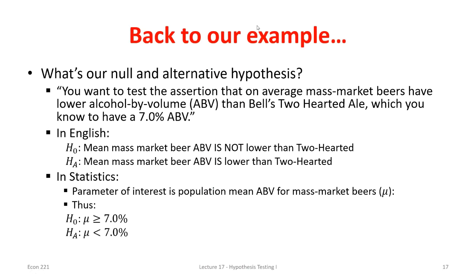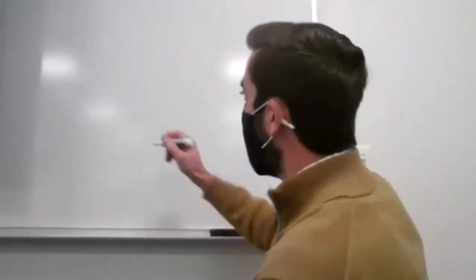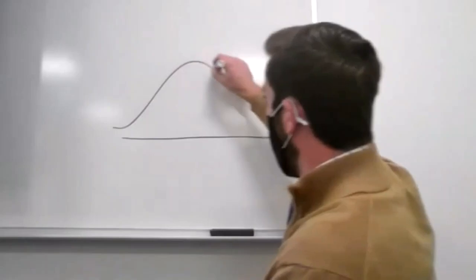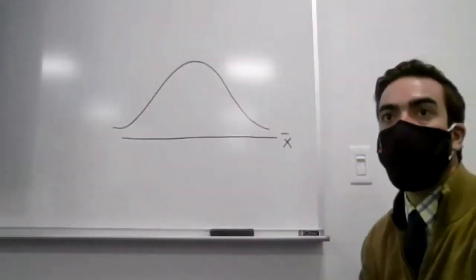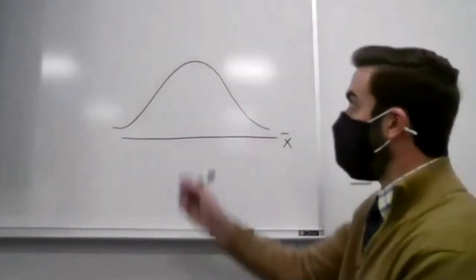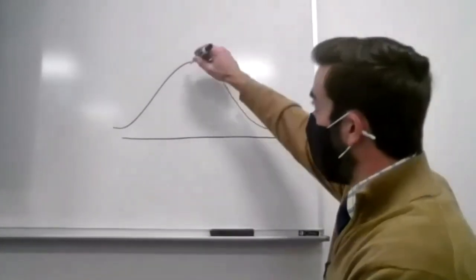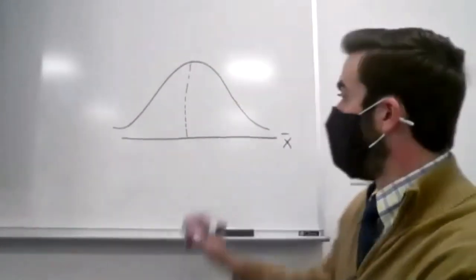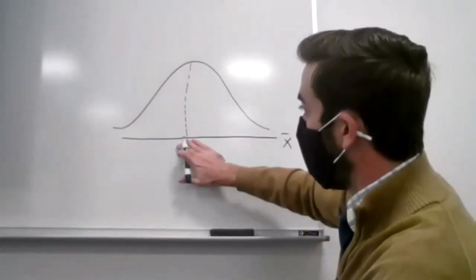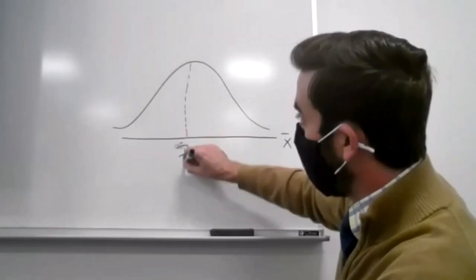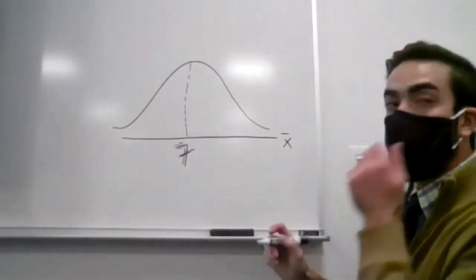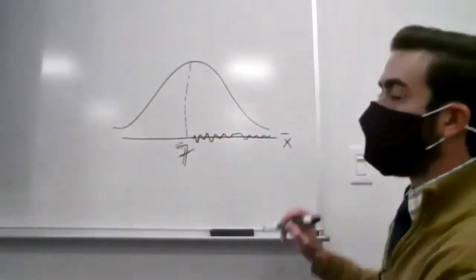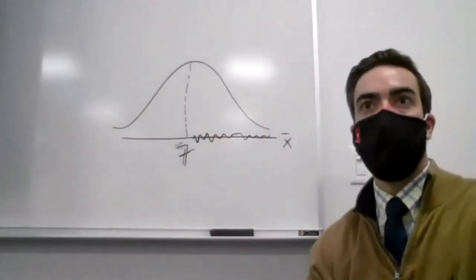So really where this comes from is the idea that, if I assume, for a second, that the population mean is 7%, that would mean the sample mean distribution would have to be centered around that. Well, if I'm assuming it's greater than or equal to 7, if I see a sample mean anywhere in this range, that actually supports the null.